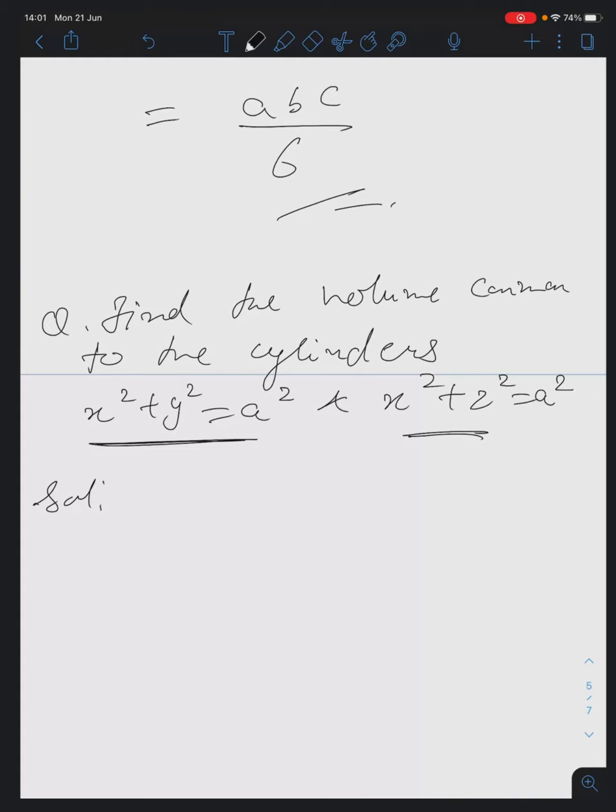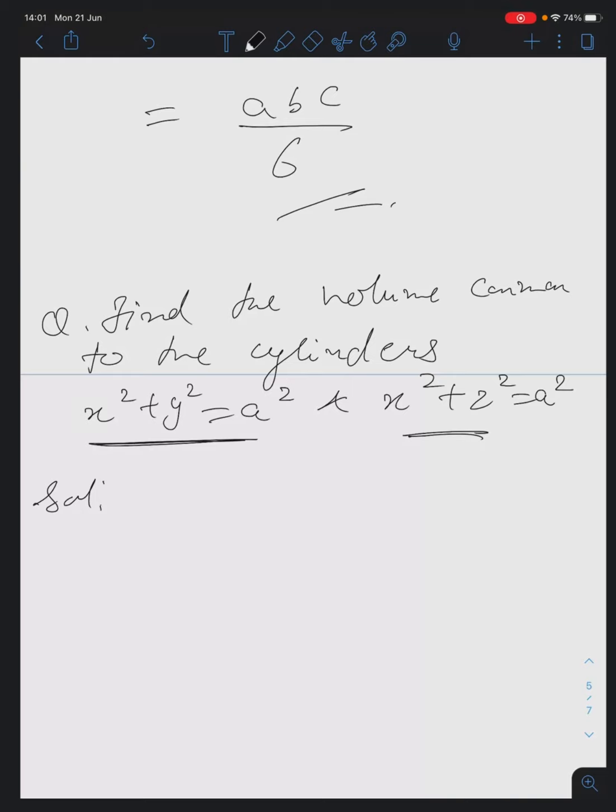Now the section of the cylinder x square plus y square is equal to a square in the xy plane, with the xy plane z will be equal to 0, is it or not? Yes, ma'am. Okay, now in that case this is called a circle. The section, either you consider the above part or the below part, one of the variables will be 0 there, therefore the whole cylinder you are calling a circle in that plane.